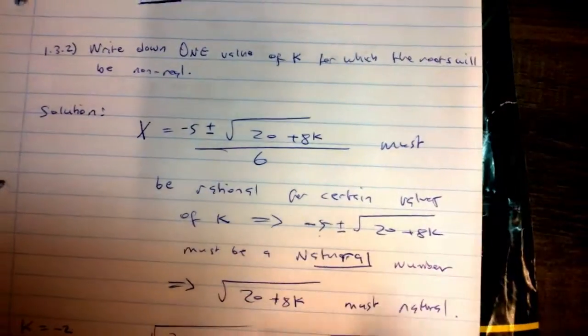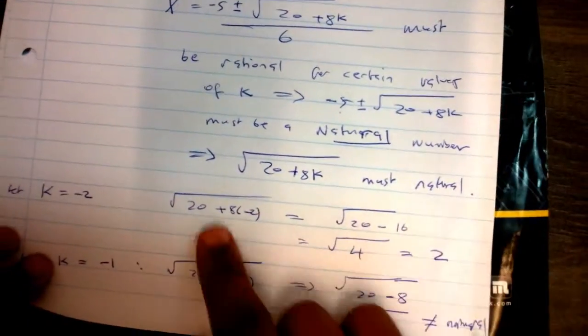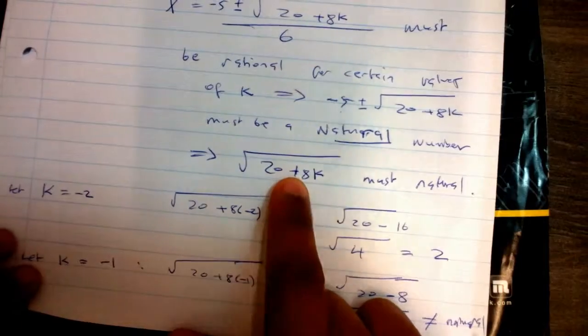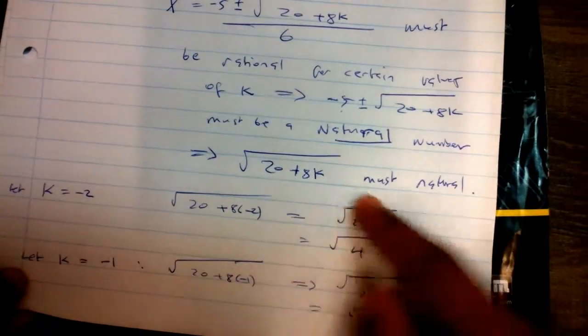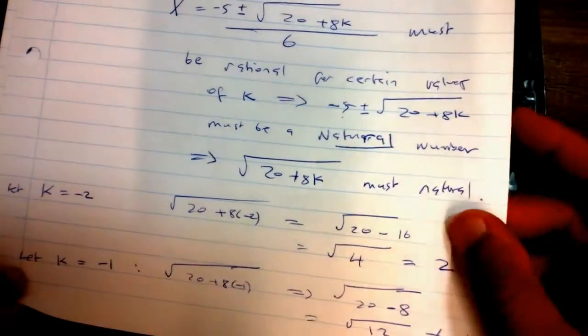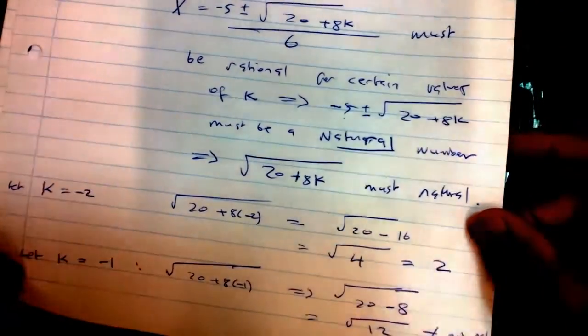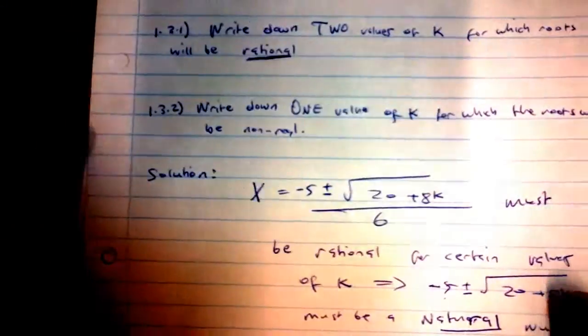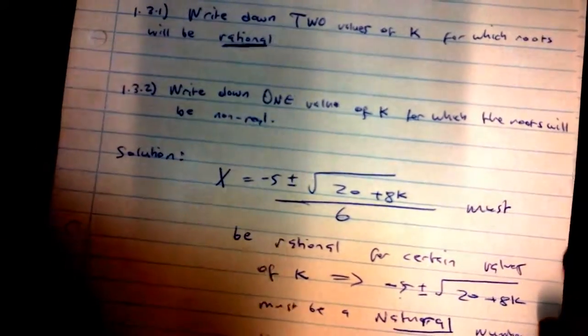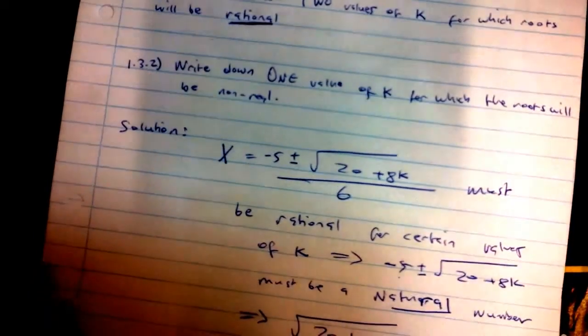We then substituted values of k into this root of 20 minus k, root of 20 plus k, and we saw that if k equals negative 2 and 2, that thing is a natural number. For the other one, part b, it says write down one value of k for which the roots will be non-real.